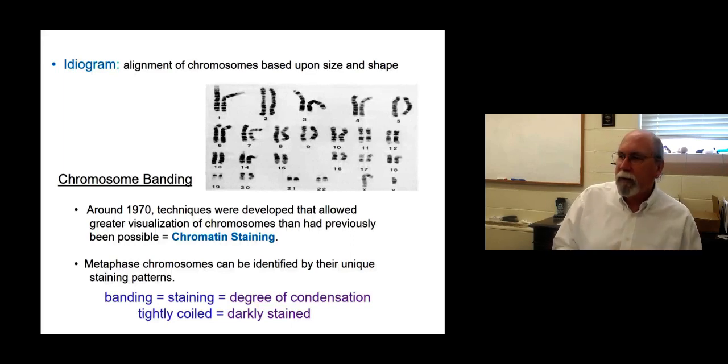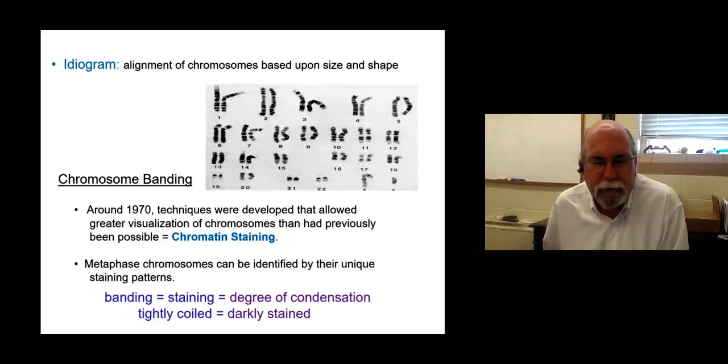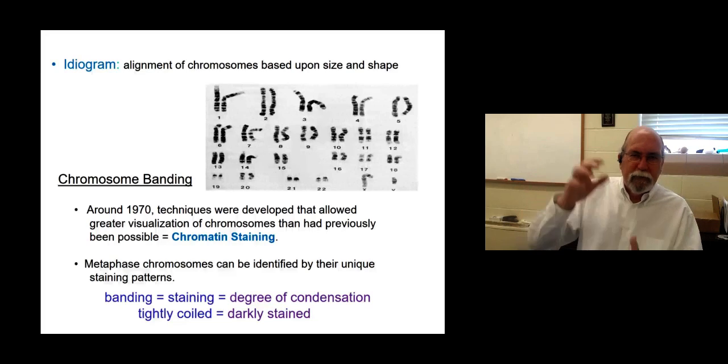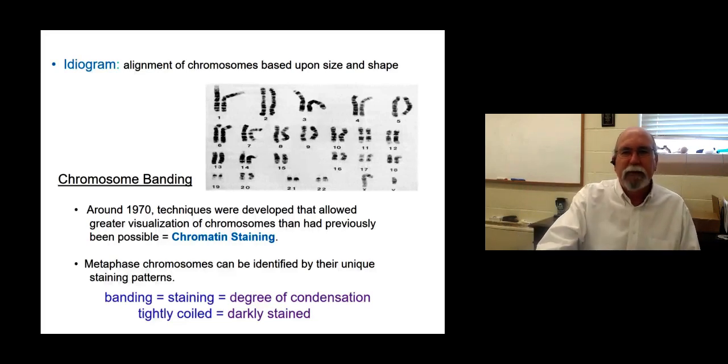Or if you're dragging all your laundry out to wash it in a pillowcase, you know that at first you put it in pretty dense and then you really have to push it in, and that's kind of what happens. We have dense areas and light areas. The light areas tell us that we've got a little less activity going on there as far as compaction. The dark areas are areas where you've got more uptake of these stains, and therefore you've got more compaction.